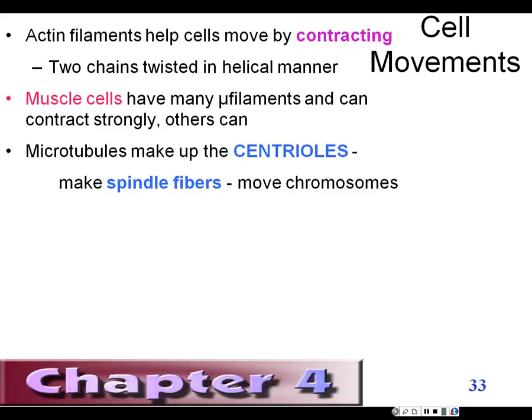And remember, we said the chromatin net is loosely coiled how long? 90% of the time. The other 10 is when it's in chromosomes. If we were talking about mitosis, all this was in the nucleus, right? But then in prophase, the nuclear membrane breaks down and disappears, and the chromatin net condenses into chromosomes.